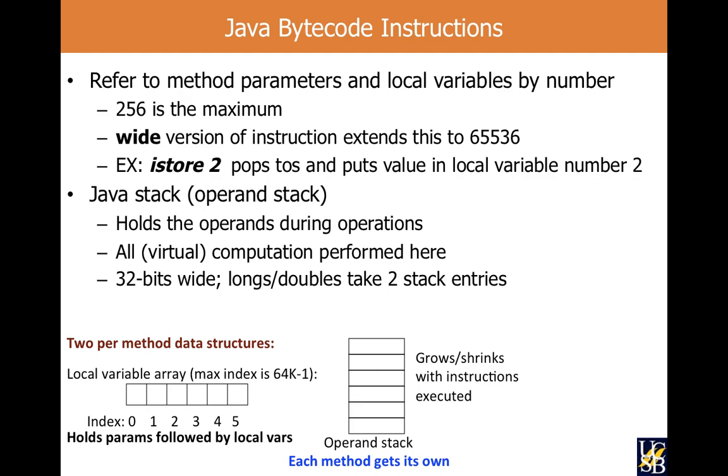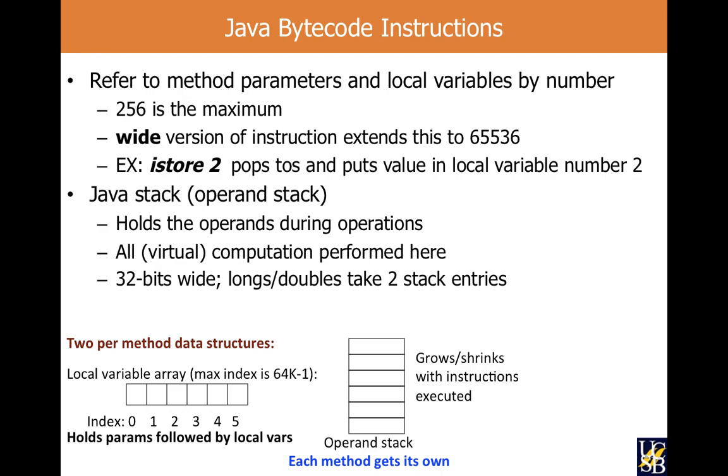When you have a method in Java bytecode, you have a couple of other data structures as well. You have this virtual operand stack that the instructions use to perform their operations. They move data from local variables. We have a local variable array, which is a data structure that holds all of the parameters, the arguments that are passed in, and then that's followed by all of the local variables.